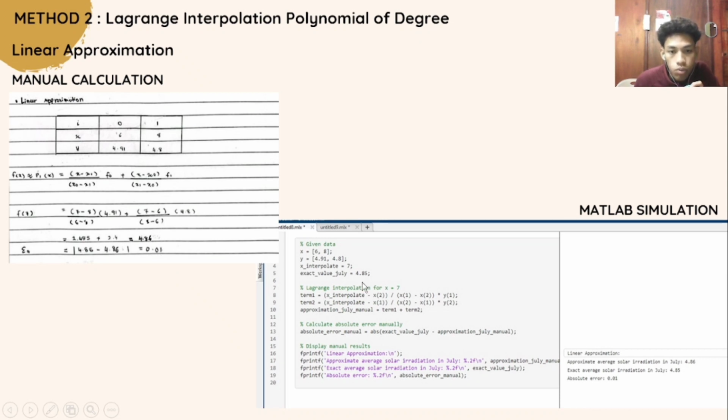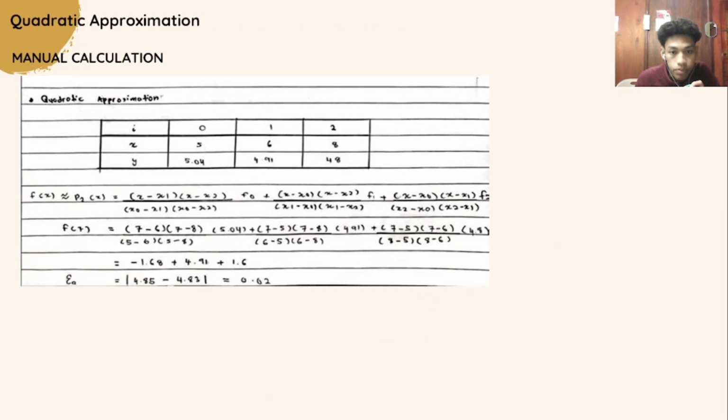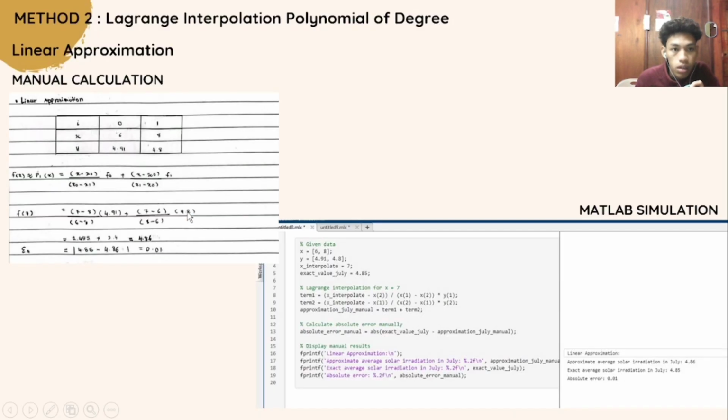For the MATLAB simulation, the first thing we do is type x as 6 and 8, and y as 4.91 and 4.8. The interpolate is 7 and the exact value is 4.85.